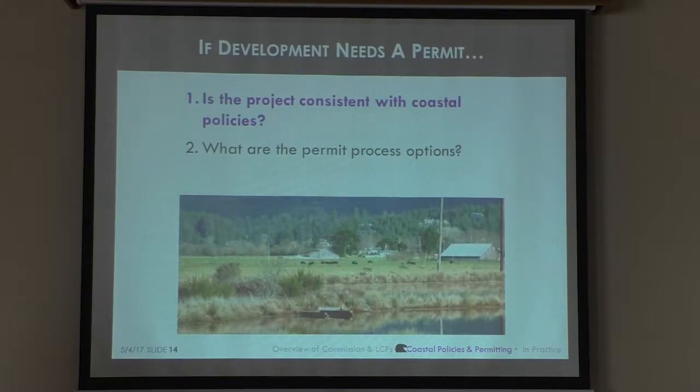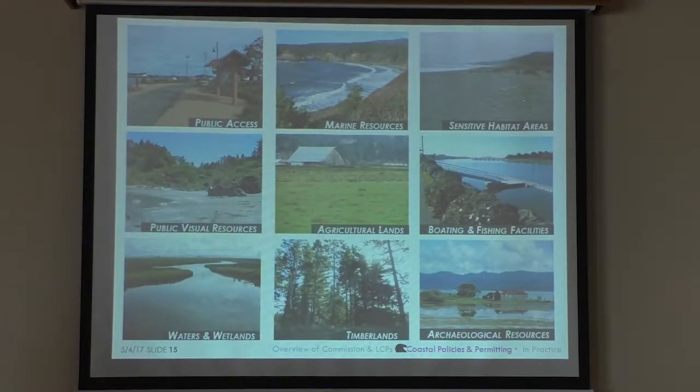And so if you're not exempt and you do need a permit, if you're coming to the commission for a permit, we're looking at whether your development is consistent with the policies of the Coastal Act. And the local governments have similar policies that they'll talk about after our talk. So again, the Coastal Act addresses a lot of resources and priority issues, and that can make permitting tricky.